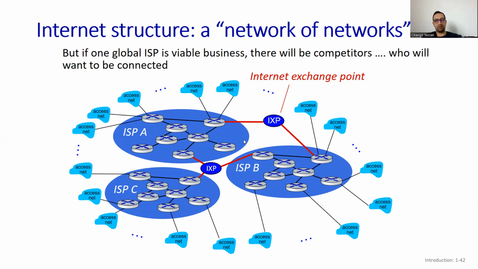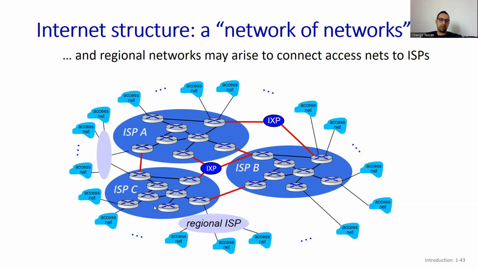Currently, how it works is that we have these kinds of ISPs, but they are connected to each other via internet exchange points. We can connect ISPs to each other like this, we can create clusters, but we can also connect them to each other.